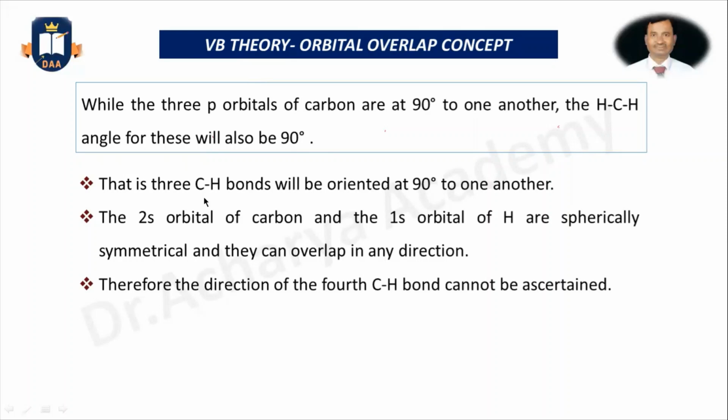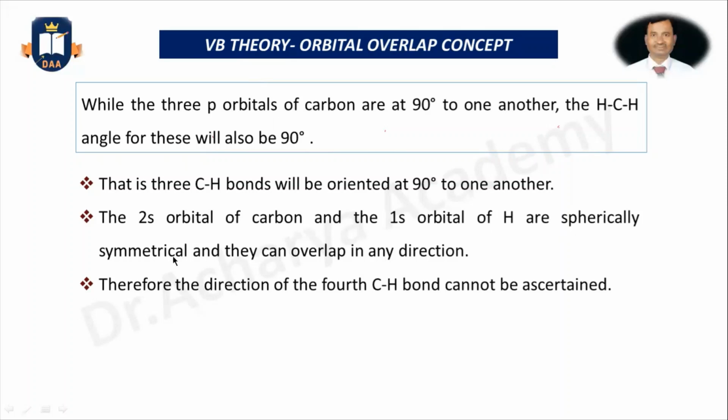The three CH bonds will be oriented at 90 degrees to one another, and the 2s orbital of the carbon, which also has a single electron, should bond with the 1s orbital of the hydrogen atom.